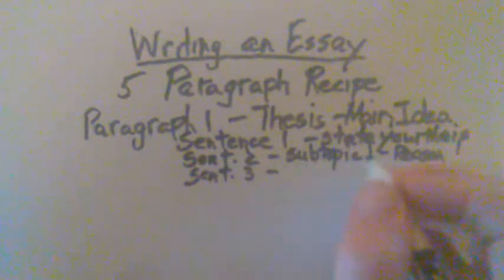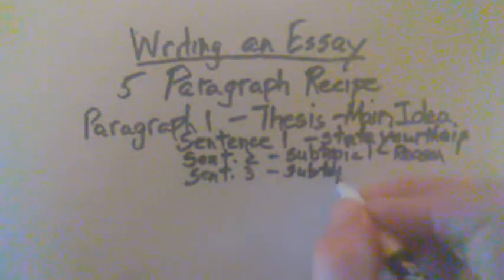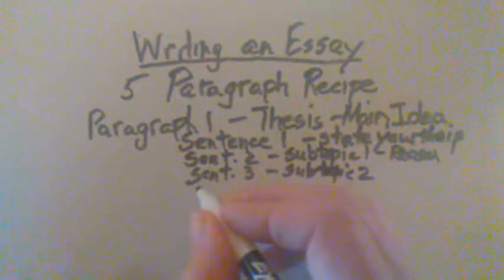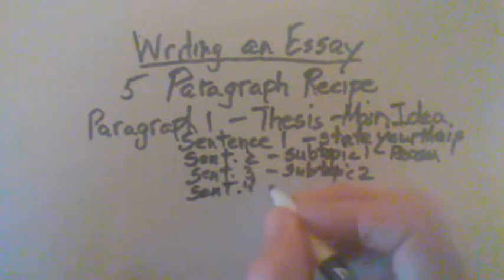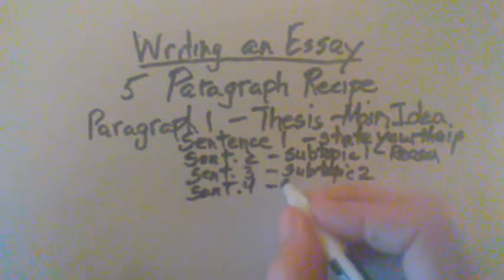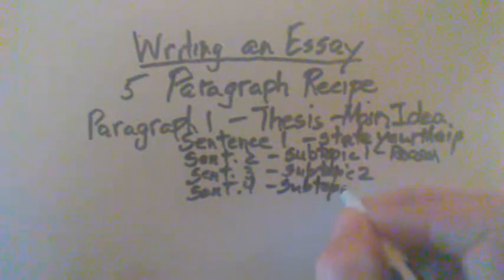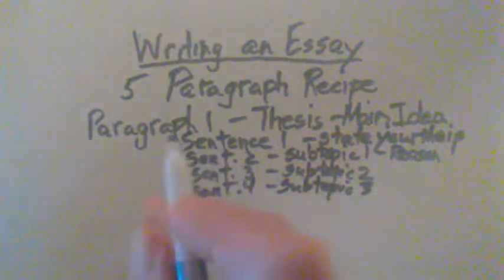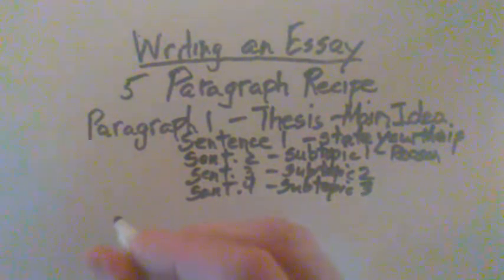The sentence 3 will be subtopic 2. And your fourth sentence is going to be subtopic 3. So you give a reason why you think something is true. So you're going to come up with 3 reasons why you think this main idea is true. Okay, 3 reasons.